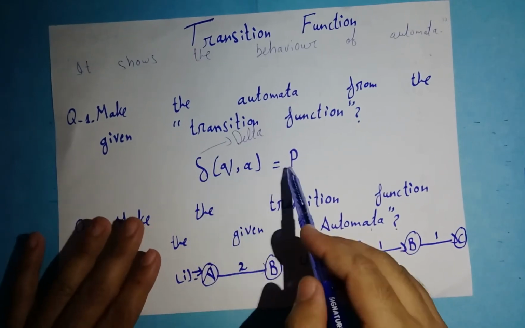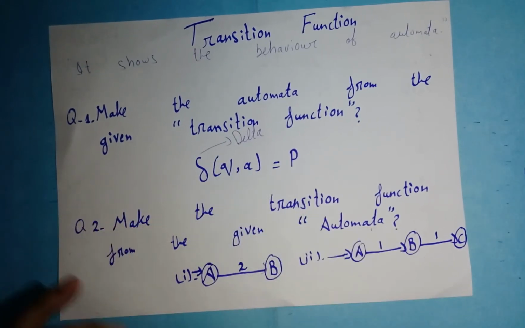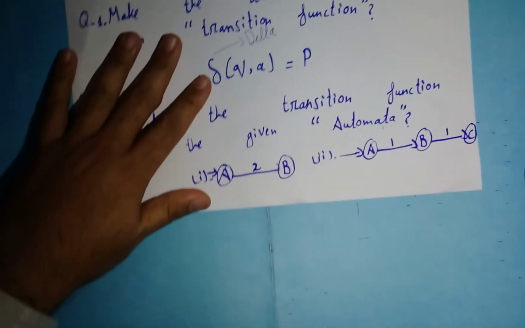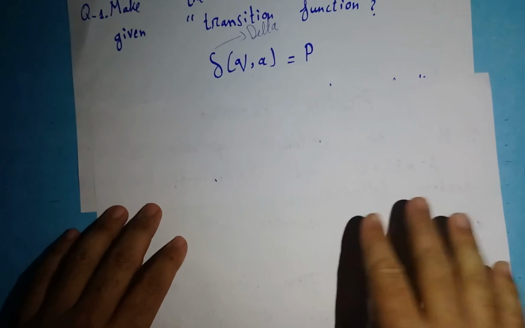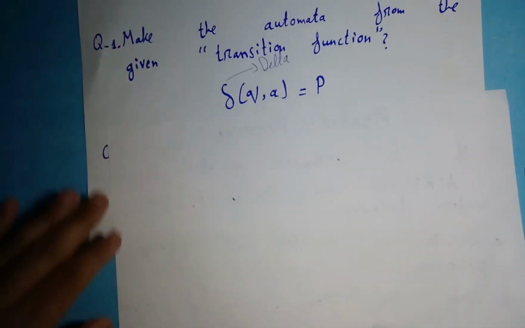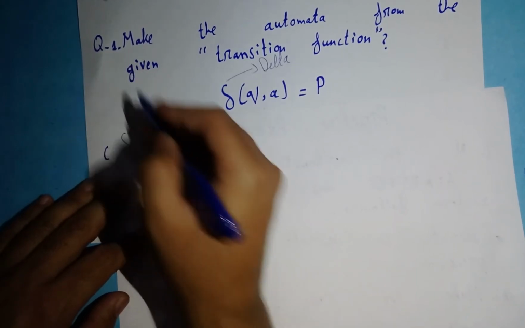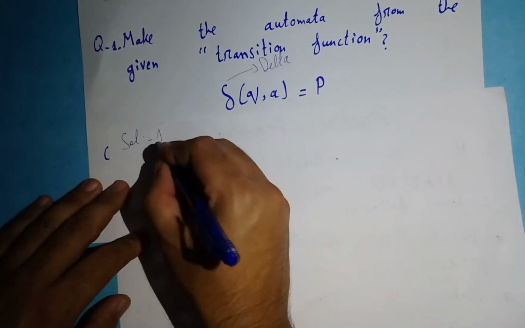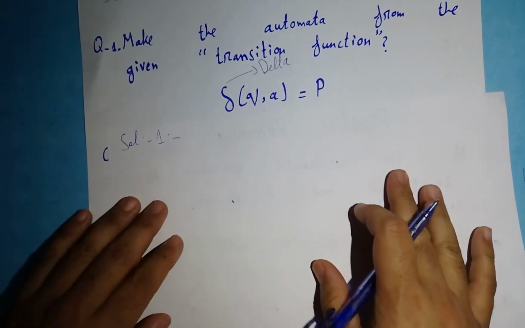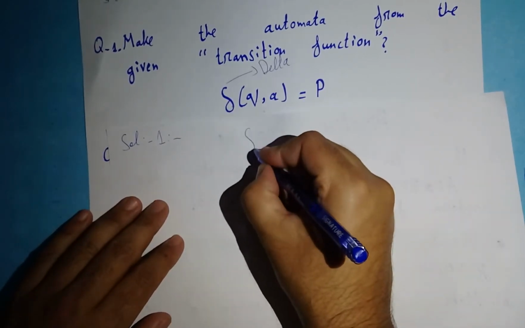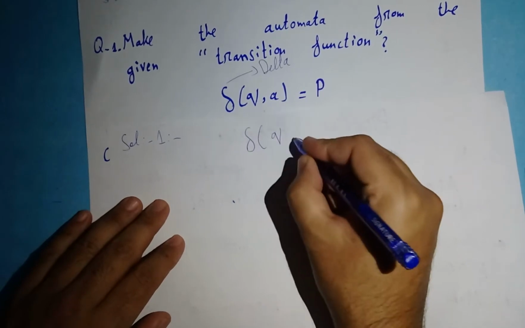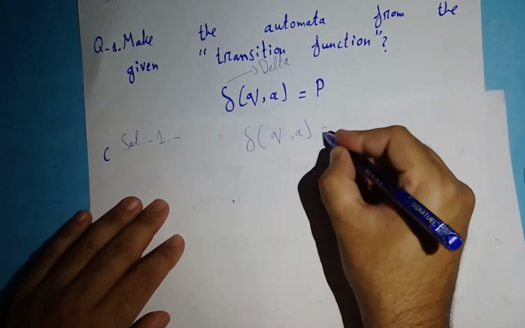Now I'm going to make the automata from this transition function. This is my first question, and now I'm going to solve it. First of all, I'll give the heading of solution 1, because that one is question 1. The transition function which I've got is delta q a is equal to p.